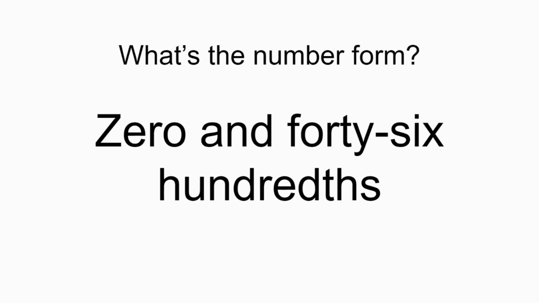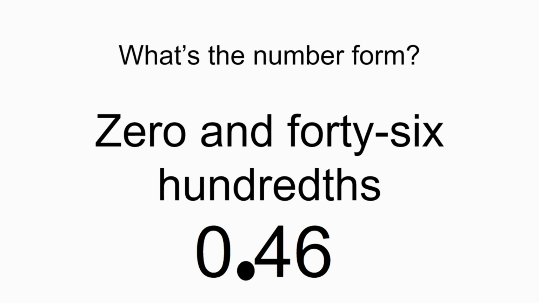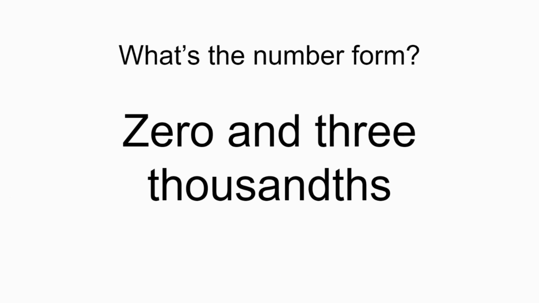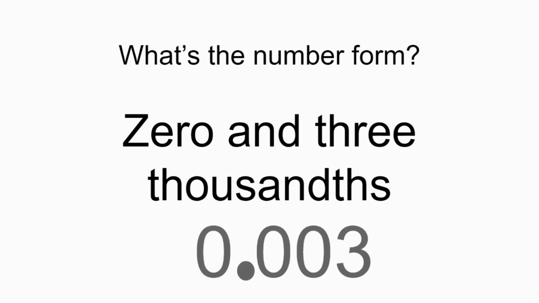So if I say 0 and 46/100, how do you write that with numbers? There it is, 0 and 46/100. How about this one? The word form is 0 and 3/1000. How do you write that with numbers? 0 and 3/1000.